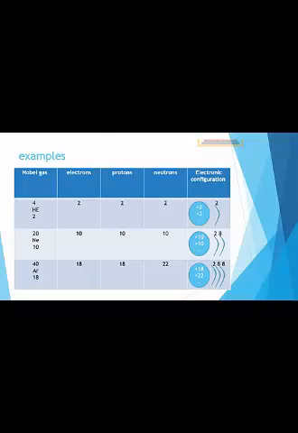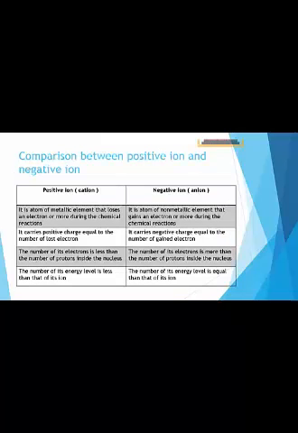When you write the electronic configuration of neon, 2, 8, the outermost energy level is completely filled with electrons, so neon doesn't participate in any chemical reaction or combination. The last example, argon 18, 40, contains 18 electrons, 18 protons, and 22 neutrons. It is completely filled with electrons, as you see in this slide, so it doesn't participate in any chemical combination or reaction.